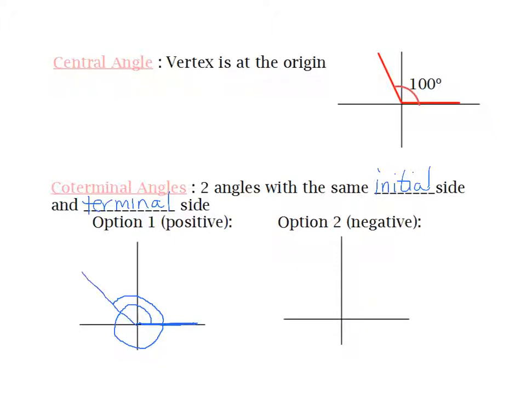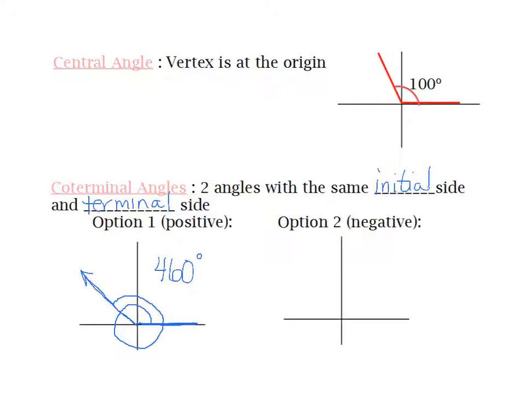And then draw the terminal side. That rotation is possible, and it's still a nice little angle there, but it's not a 100-degree angle anymore. By showing this little spiral in here, I've shown that it is a 360 plus the extra 100, which is a 460-degree angle. Just by showing the spiral to show that that terminal side is wrapping around.